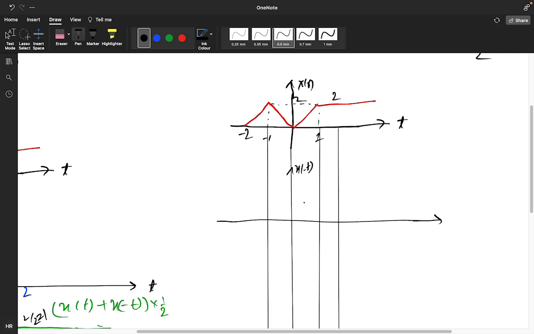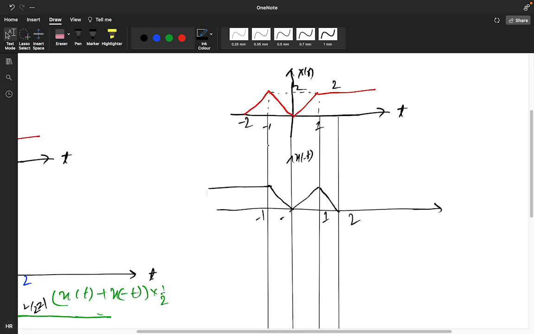What will the x of minus t be? 1 will become minus 1, minus 1 will become 1, and minus 2 will become 2. So what kind of graph will you get? Like this, the graph will be reversed. You will get a graph like this. So this is your x of minus t.